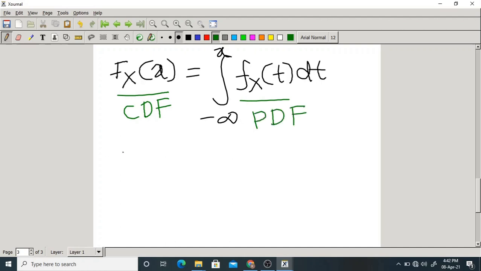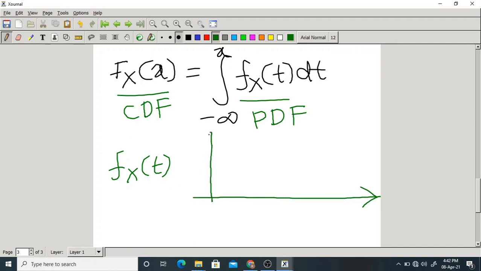Now what is f_X of t? So let us draw this. Please note, here I am changing the variable to t. This is t, not x now. This is a. Here we are constant, so they won't change. 1 over b minus a. Now this is our PDF.